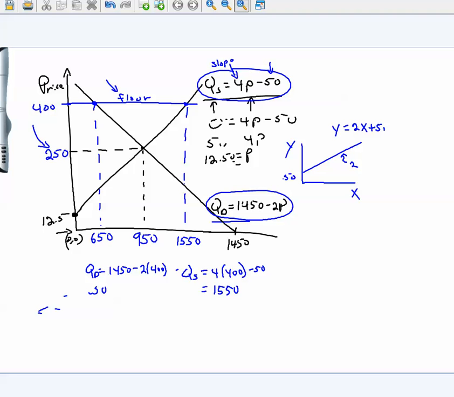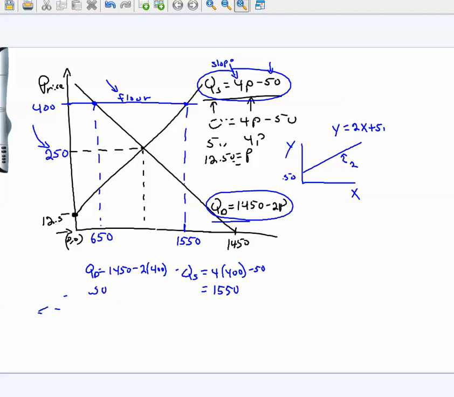So then the question was, would it be binding or non-binding? And it would be binding. It would be binding, and it would cause a shortage or surplus. Okay, so here's how you figure that. This 950 is irrelevant now because we're not at equilibrium. I'm going to erase that. So we have a quantity supplied at 1550. This is how much is being brought to market.